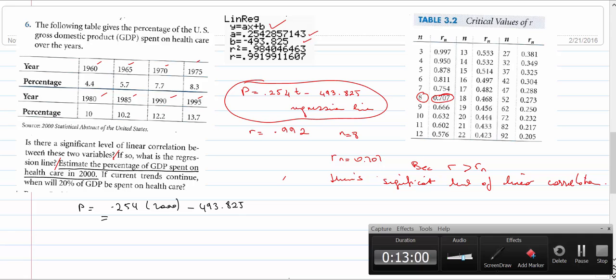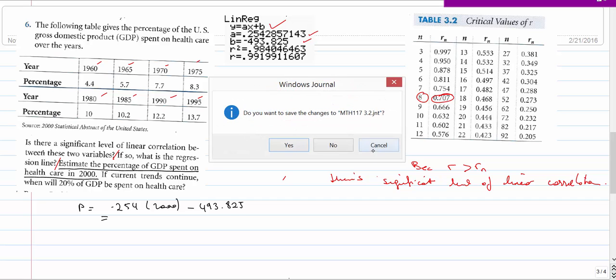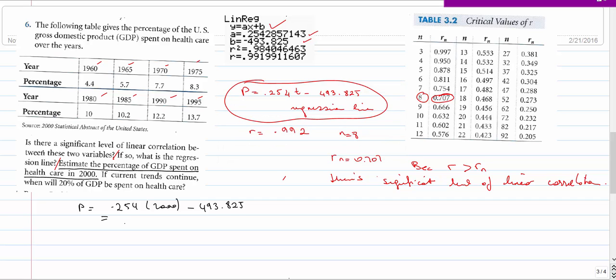This should be equal to 14.18 percent. So I can say the regression equation gives 14.2% as an estimate for population when T is 2000.